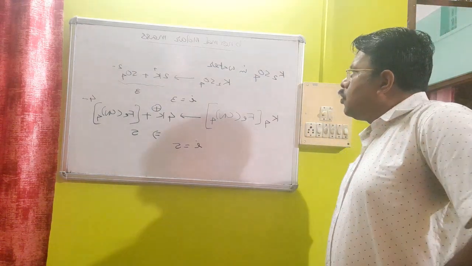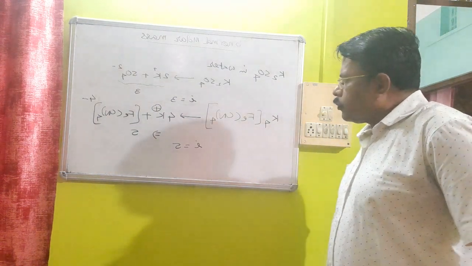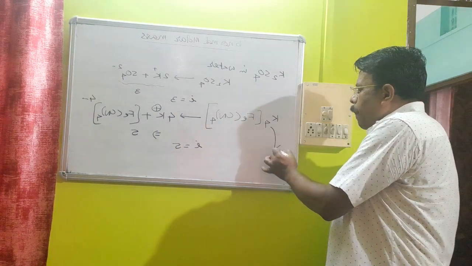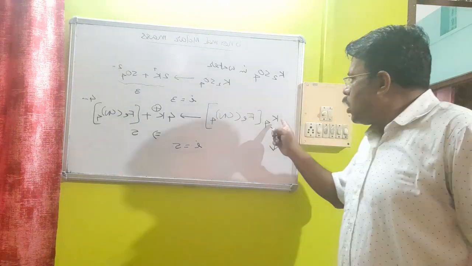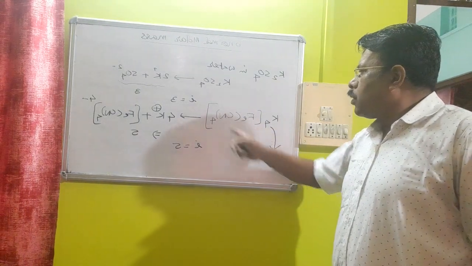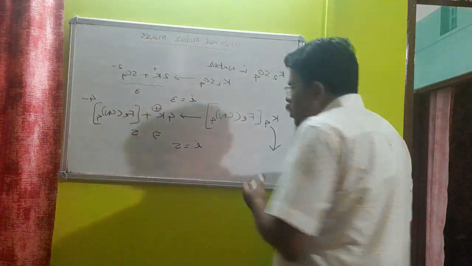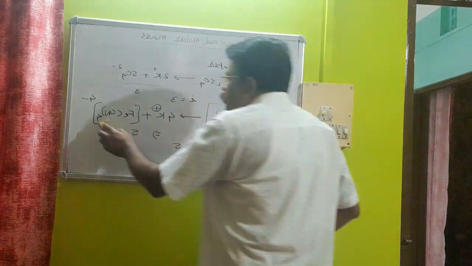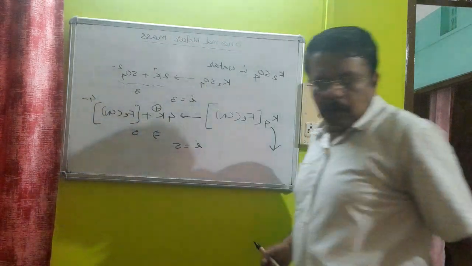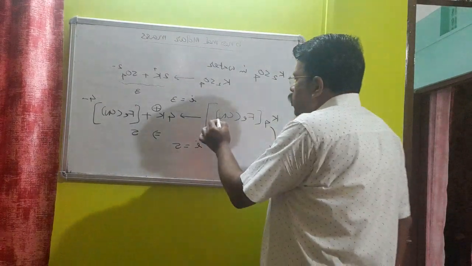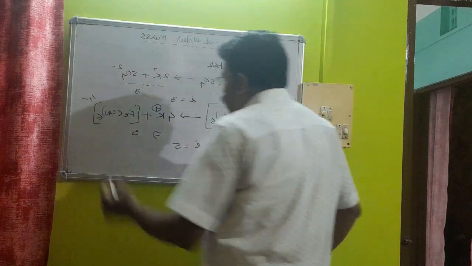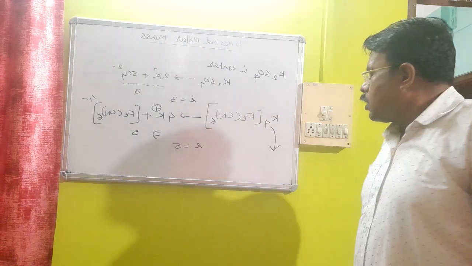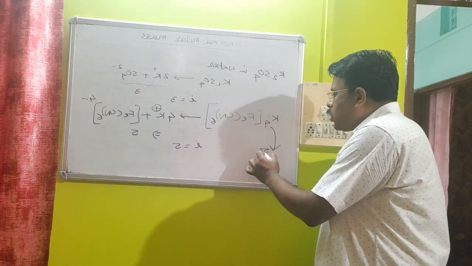I am showing you with an example. Suppose it is said in the question that K4FeCN6, its formula is not FeCN4, it is FeCN6, is 50% dissociated.